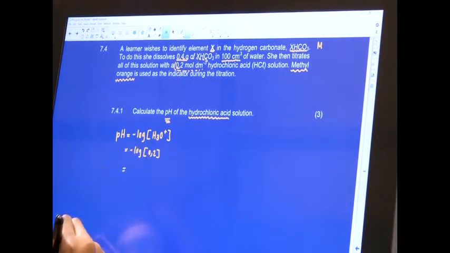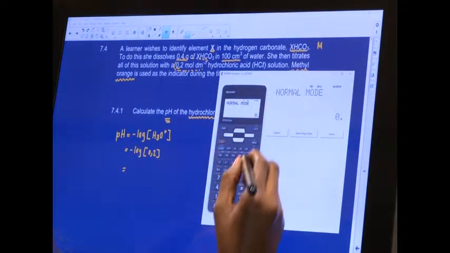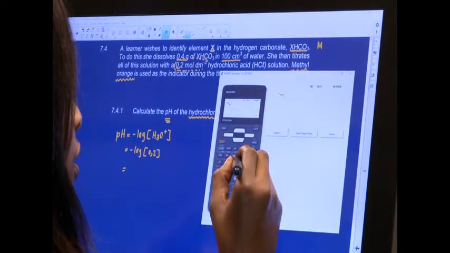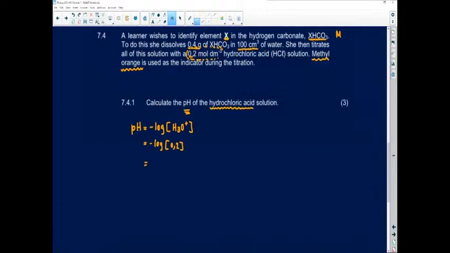So remember what I said about the pH scale guiding you with your answer. Let's see what we get here. Negative log of 0.2. I get 0.69. So remember, if the third number is 5 or greater, it changes the number in front of it to the next number. Already I've got a 9, so the 9 will change the 6 to a 7. So my pH will be 0.7.